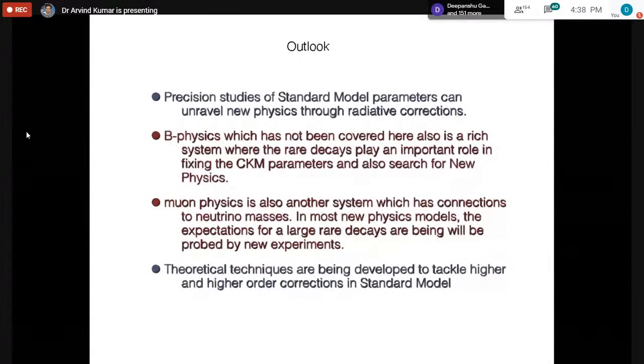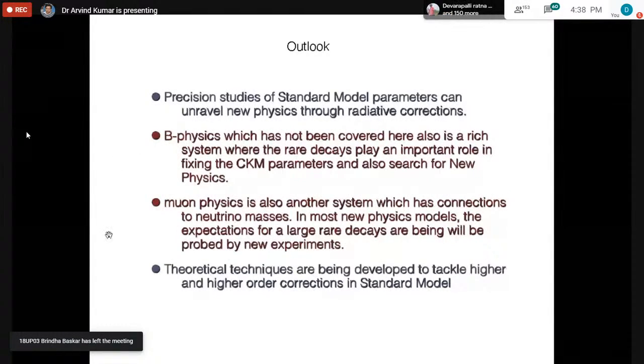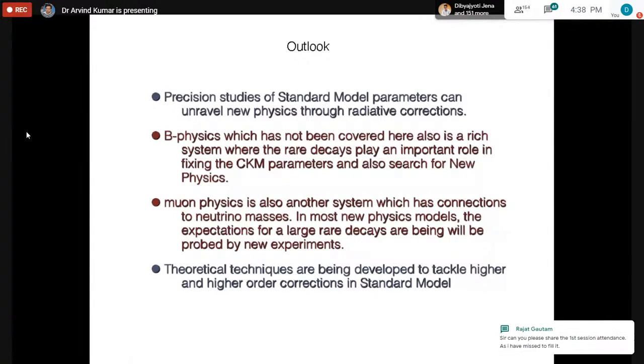I didn't have time to talk about these two, but this is also one more way of testing the standard model and also the directions of new physics, which is essentially for neutrino masses. So possibly if there are neutrino masses, there could be some indication also in muon physics or tau physics.